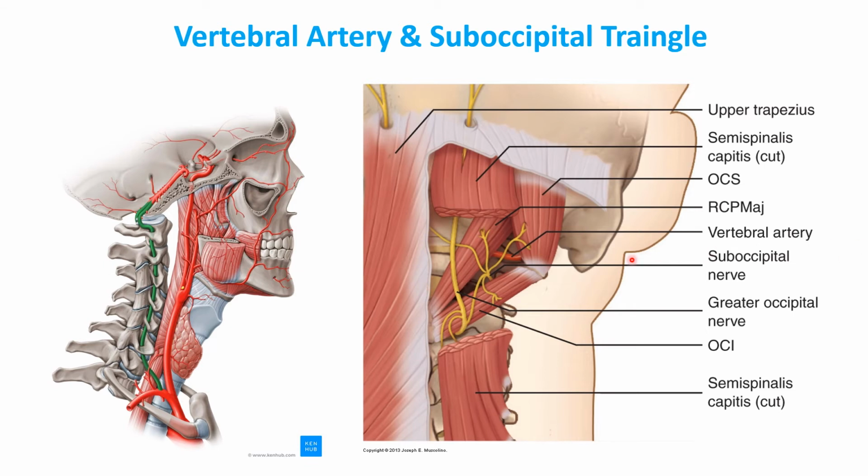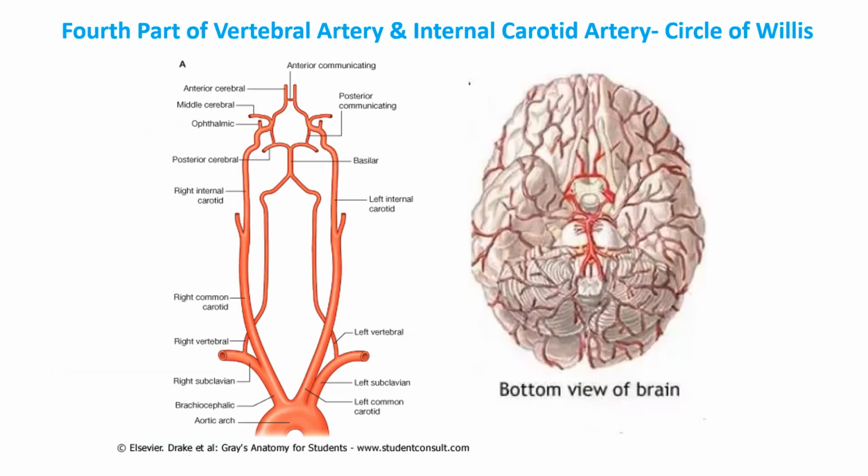Okay. Now let's go back to the vertebral artery because our focus was on it. The vertebral artery has entered the foramen magnum. From here, it runs on the ventral side of the brainstem, and the two vertebral arteries of both sides unite to form the basilar artery.